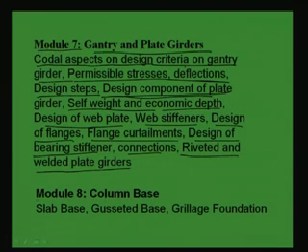Then the last module will consist of column base, that is module 8, which will include slab base, gusseted base and grillage foundation. Column base means the load coming from the superstructure through the column has to be dispersed to the soil properly.